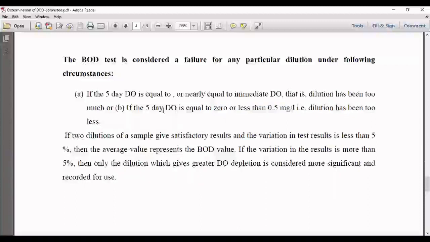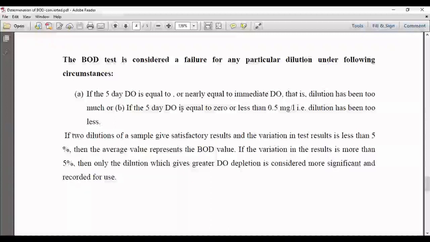Why have we got a 5-day DO of 0 or less than 0.5 mg per liter? Because the dilution was very low, so the organic matter was very high, and because of that, biological activity took place rapidly, and all the DO got consumed, and the final DO we got is 0, right?